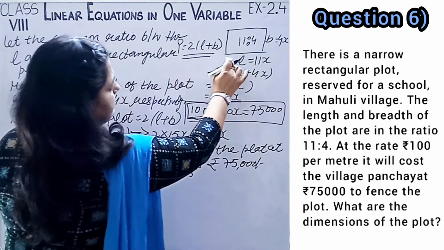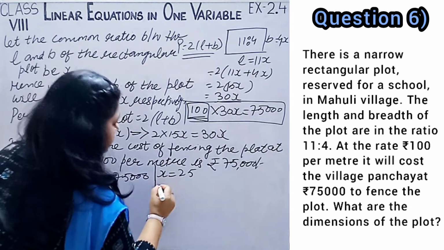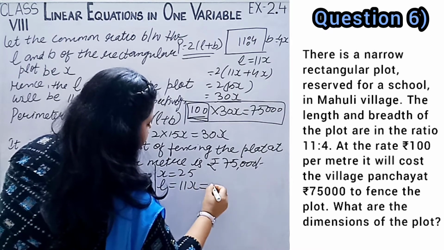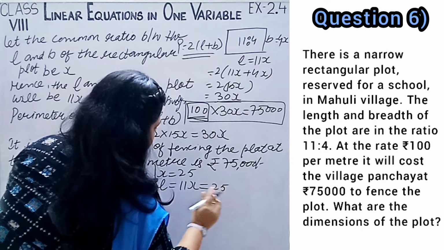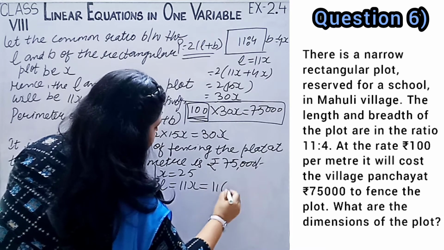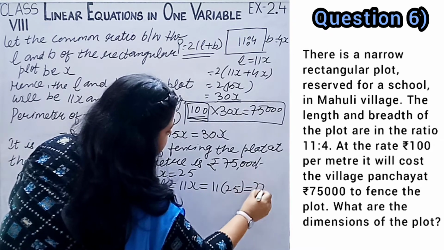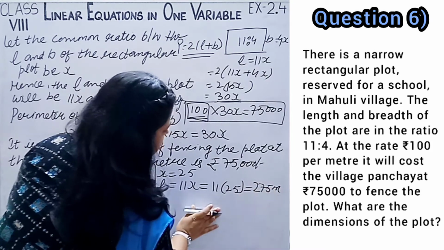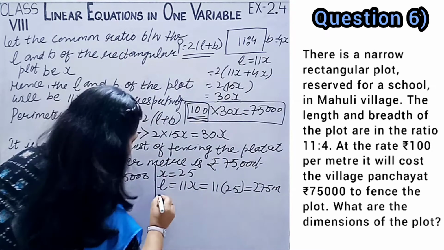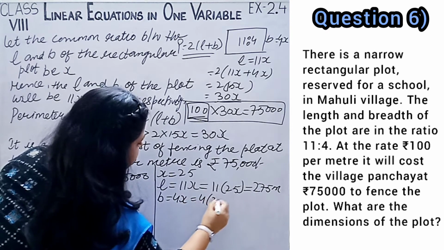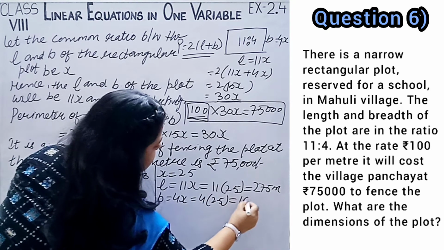Now L is 11x. Substituting x here, so 11 into 25. After multiplication we get 275 meter. Now coming to B. B is equal to 4x, 4 into 25. After that we get 100.